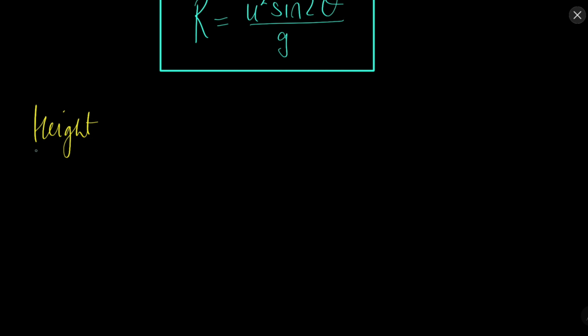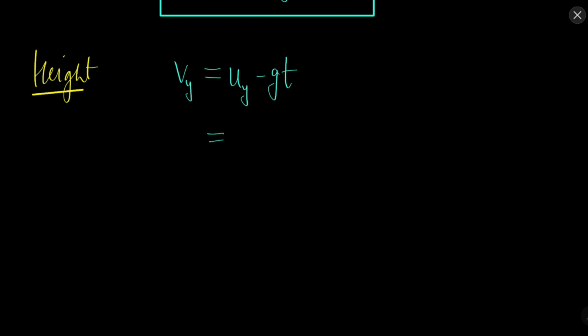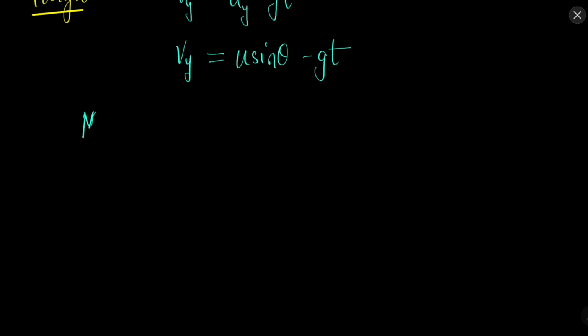Maximum height, okay. For maximum height, again let's take the vertical axis because we are discussing vertical height. The vertical velocity will be u sin theta minus gt, as we know. For maximum height, the velocity will become 0.